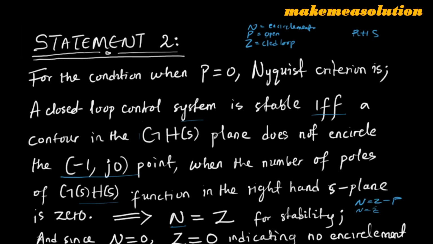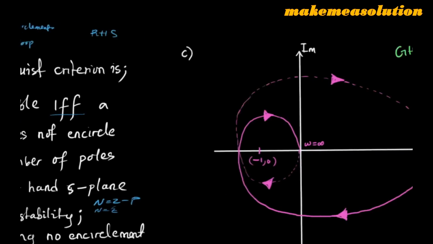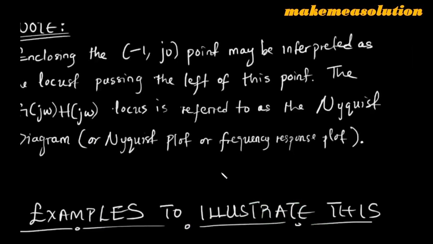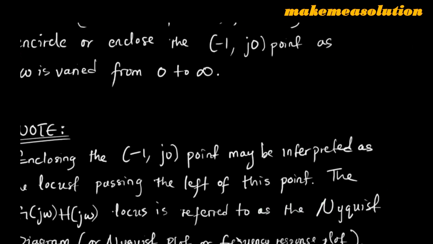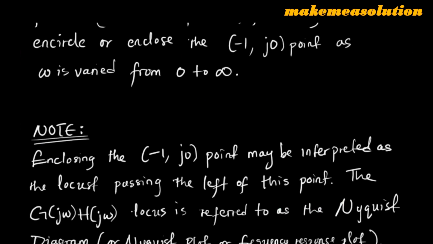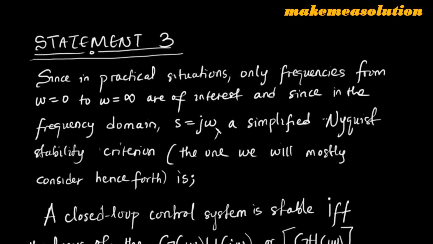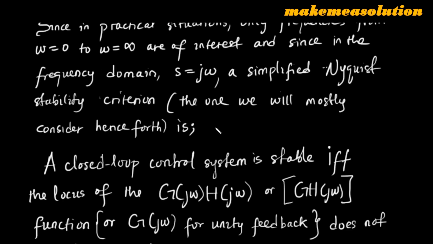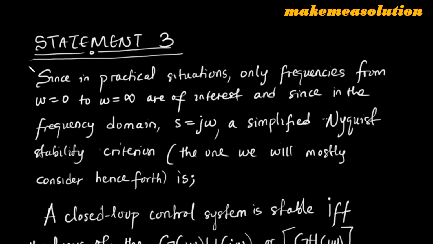So we are going to explore statement 3, then dive into some examples. So statement 3. Before statement 3, I just give a little prelude. So this is the prelude.